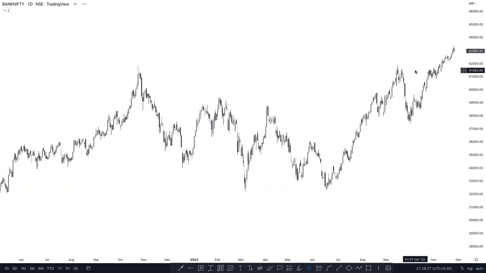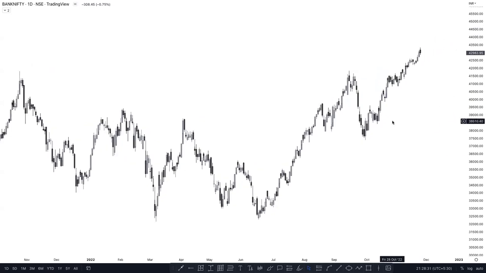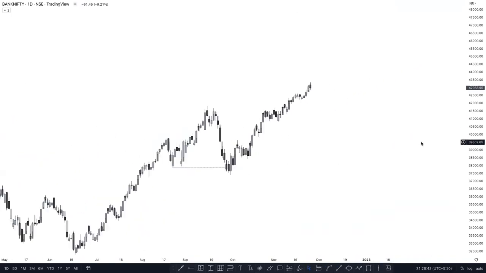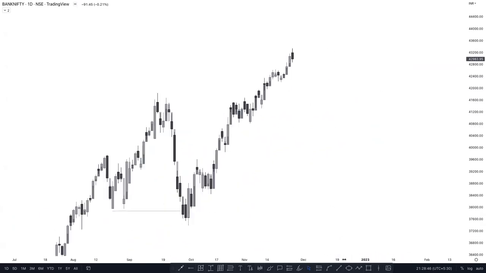The market is creating an all-time new high. Okay, so what is the possible scenario here? You can see here the market broke the previous high and closed above it. Those are an indication that the market is now looking for continuation to the upside.